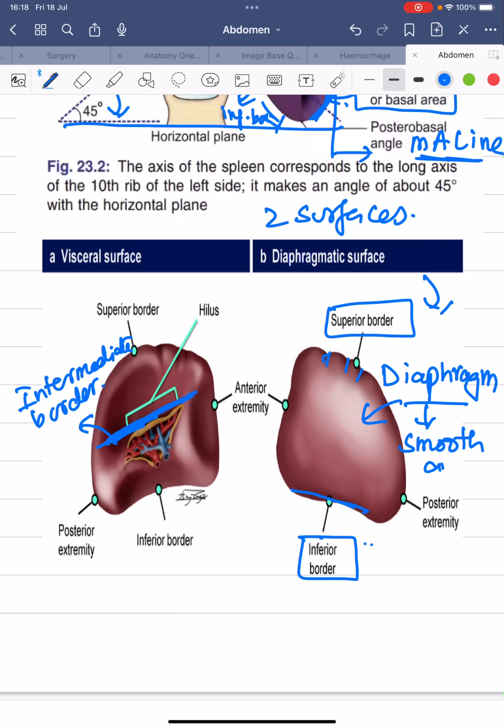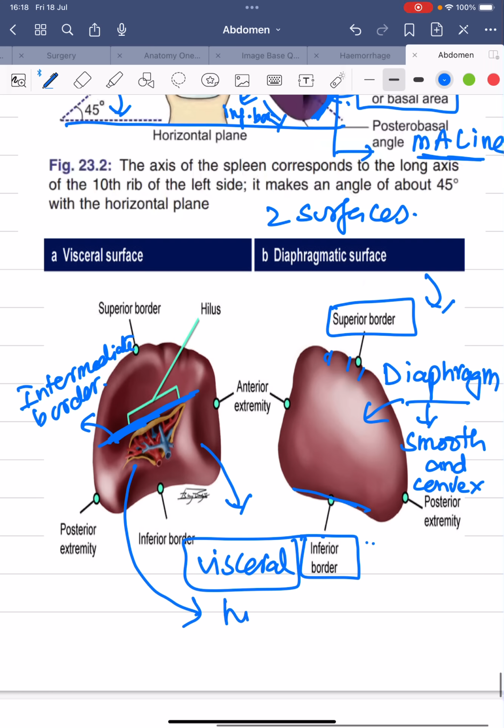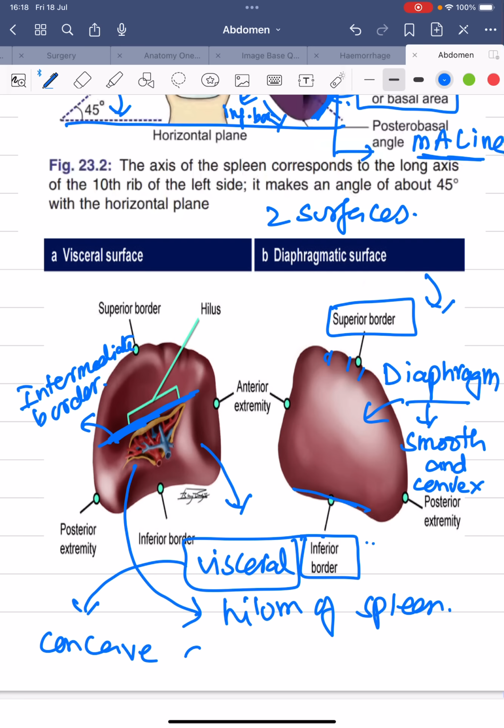This is the visceral surface. The visceral surface is very important. Why is it important? Because here the hilum of the spleen is present. The visceral surface is concave and irregular.